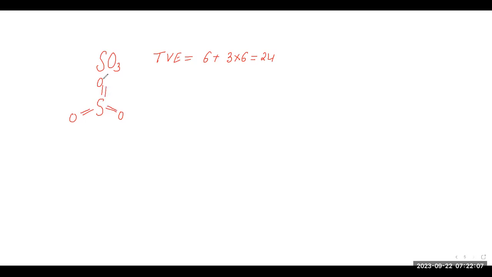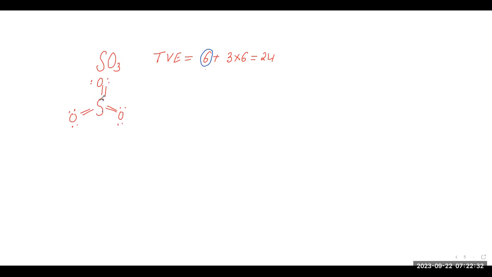How is it feasible that I can make so many double bonds around sulfur? Give the reason. How many bonds am I making around sulfur, children? 6. And you know that sulfur has 6 valence electrons. It can have expanded octet. It can make 6 bonds. So no problem, right? Sulfur has no problem.